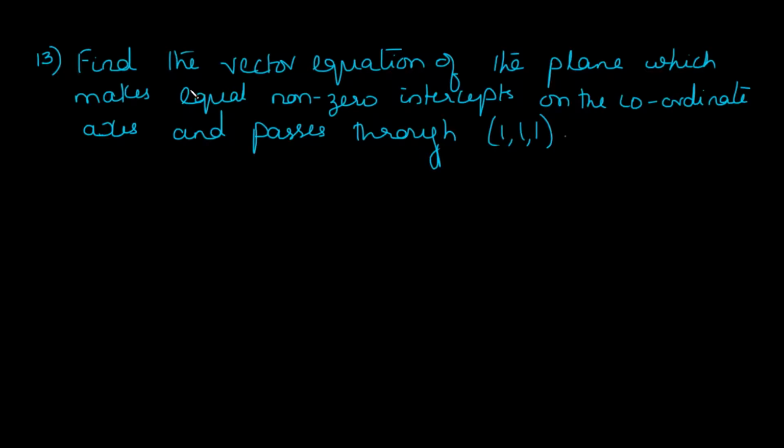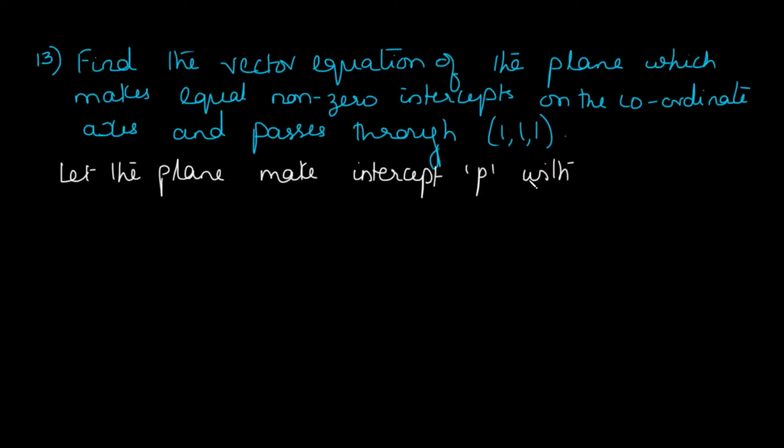The 13th sum: find the vector equation of the plane which makes non-zero equal intercepts on the coordinate axis and passes through 1, 1, 1. Now this sum is similar to the previous sum, the second case which we did just now. So in this case, let the plane make intercept p with each axis.